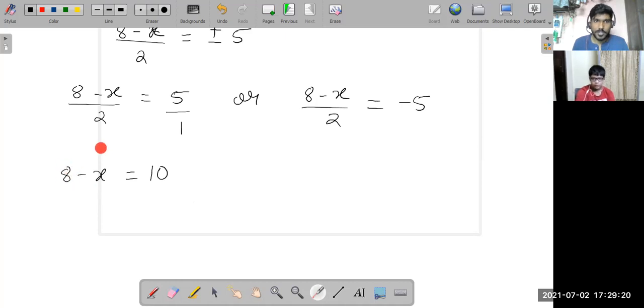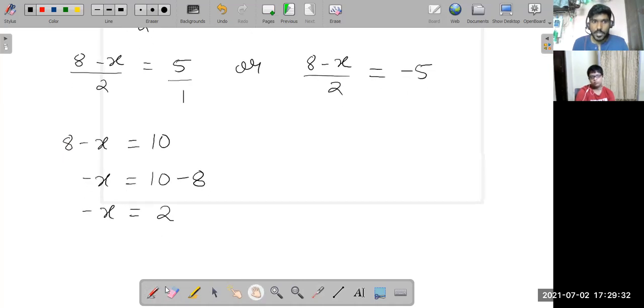Plus. So plus 8 went to the other side, it became minus. So you have 10 minus 8. So minus x is equal to 2. Okay. Now this minus x can be written as minus 1 into x is equal to 2. Correct?